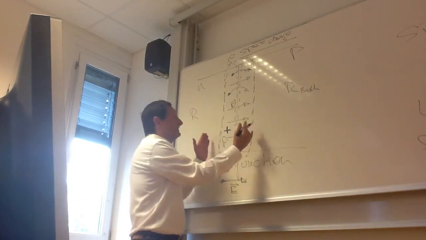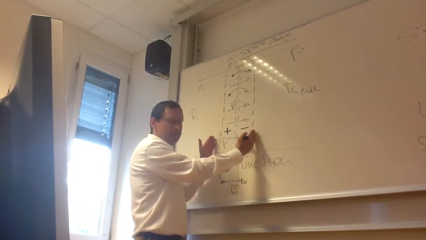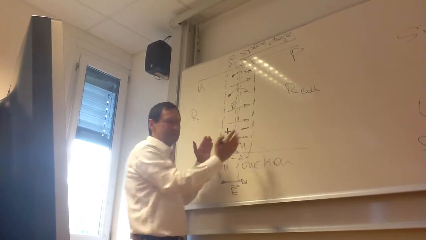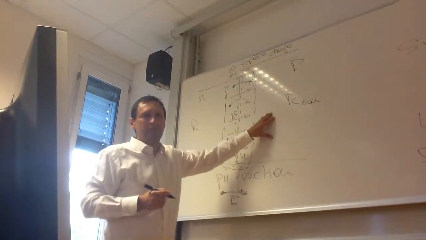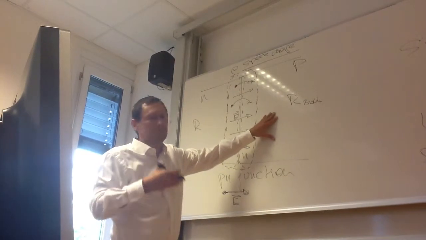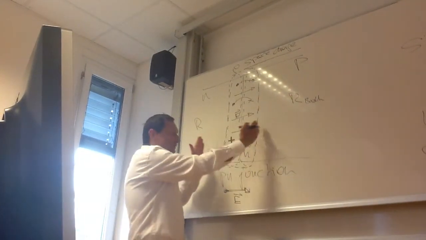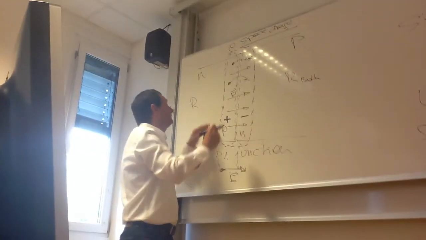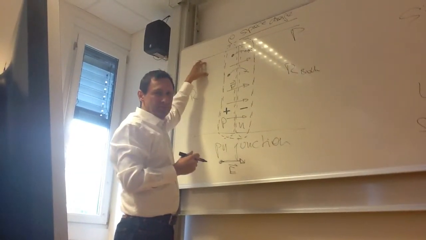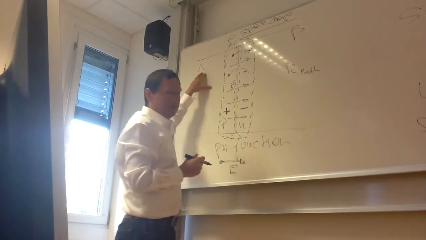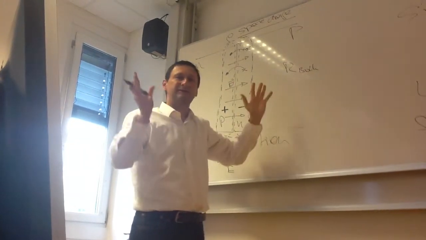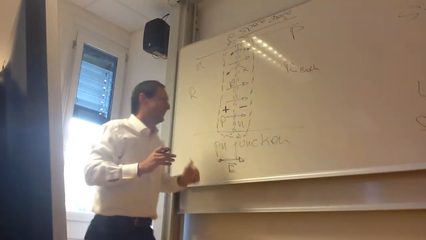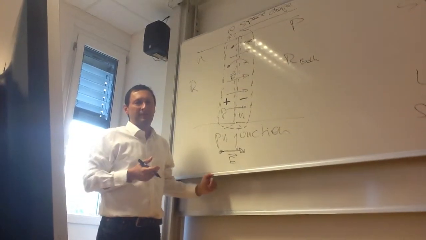How big this space charge area is, the more the resistance. This depends on the doping factor. For a mild doping, this area will get bigger. For a hard doping, if you have a huge number of electrons here and of holes here, then this area gets smaller. And this defines the application.